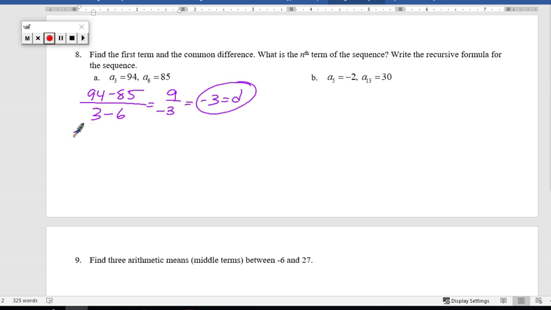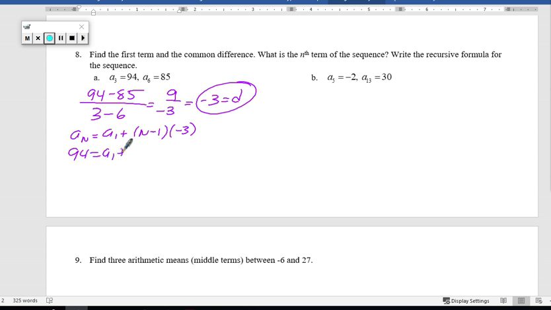I know in our formula we have A sub n is equal to A sub 1. We still don't know that A sub 1 at this point, plus n minus 1 times now that common difference of negative 3. You can pick either of these two pieces of information to plug in for A sub n. So I'm going to use this piece here. I'm going to use 94 is equal to the first term.